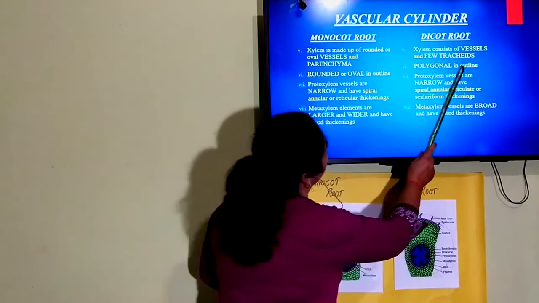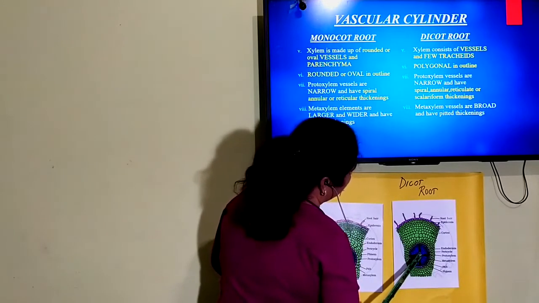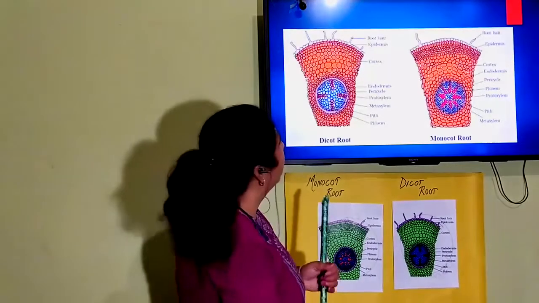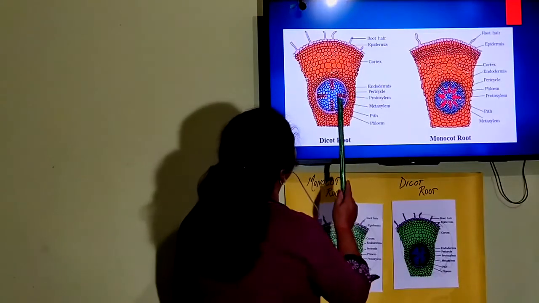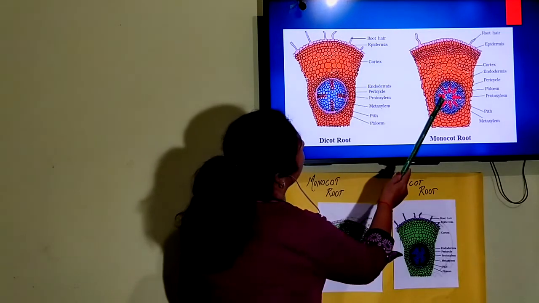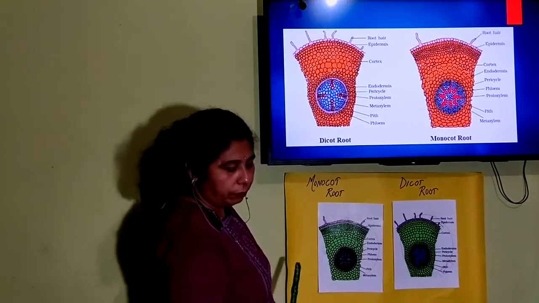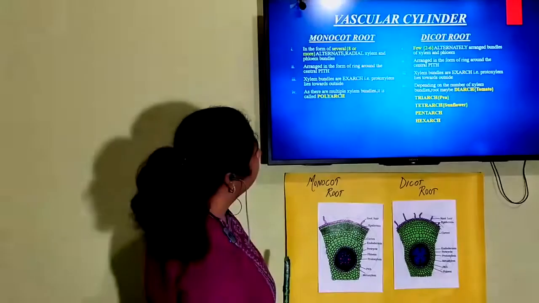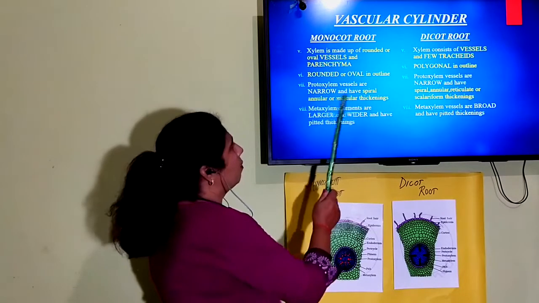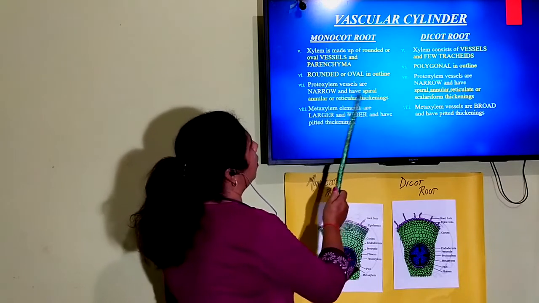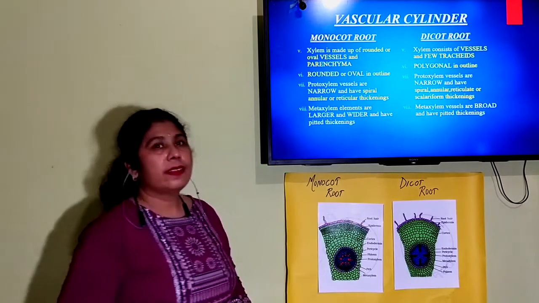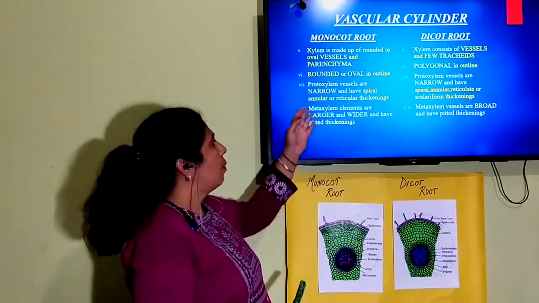Here it is polygonal in outline. When you see this diagram, let me show you another. Here you can see in dicot root, it's polygonal. These structures are polygonal and these are oval. Protoxylem vessels are narrow and have spiral, annular and reticular thickening. In vessels there are which type of thickening?